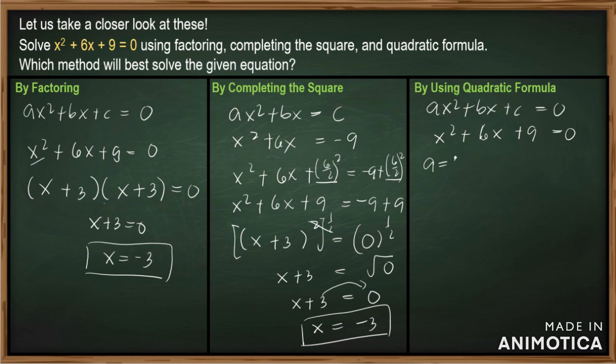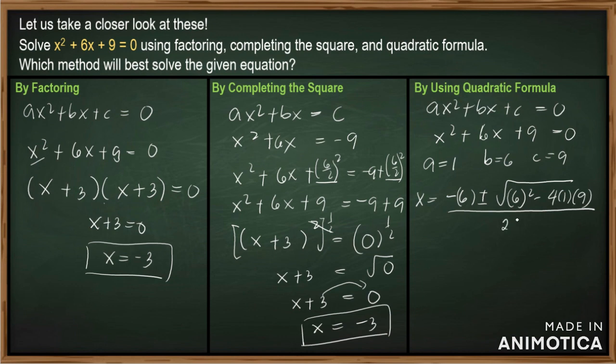So we have our a is 1, our b is equal to 6, and our c is equal to 9. And then we are going to substitute it in the equation. Quadratic formula, x is equal to the negative of b, which is 6, plus minus the square root of b squared, 6 squared, minus 4 times a, that is 1, and our c is equal to 9, divided by 2 times a, that is 1.